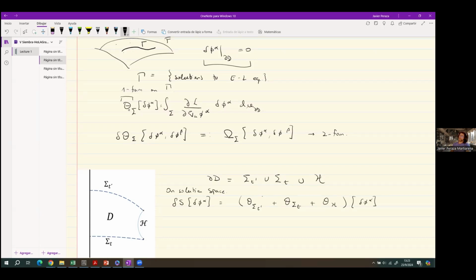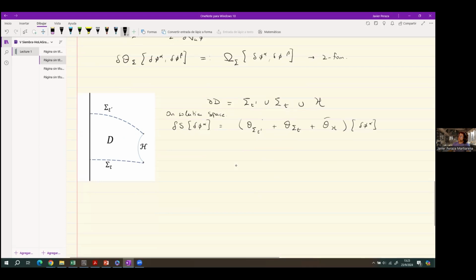Okay, but now we say, let's throw this term away. Because by the fall-off of the fields, we can assume, so we are restricting even further the solution space, that this is 0. Then we'll have the usual equation.